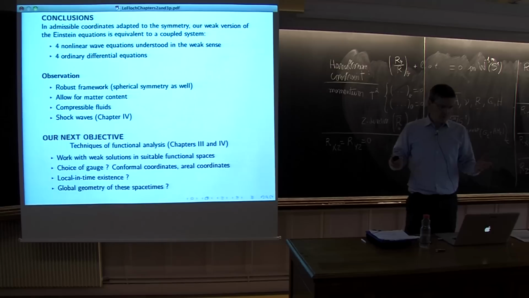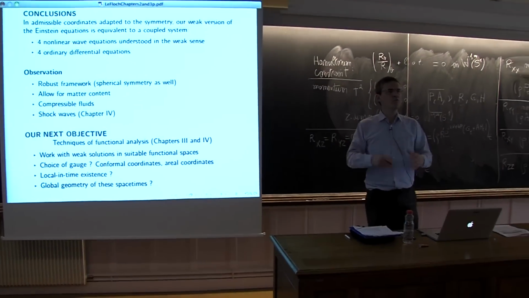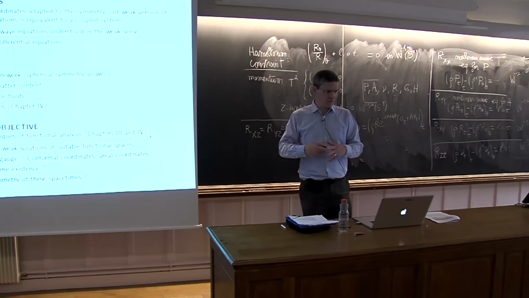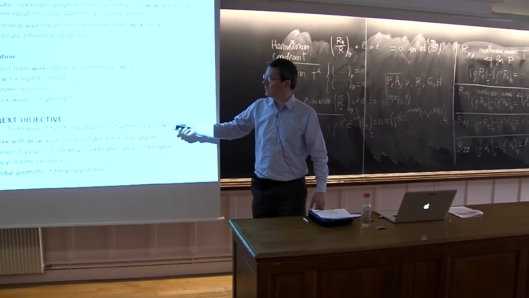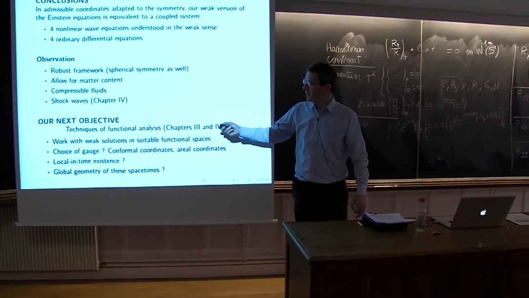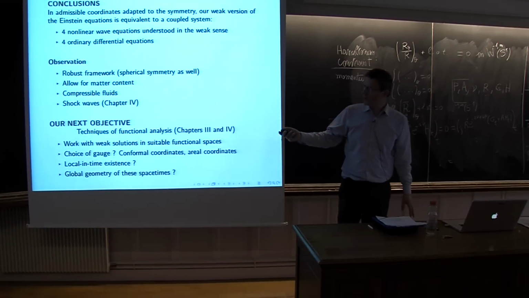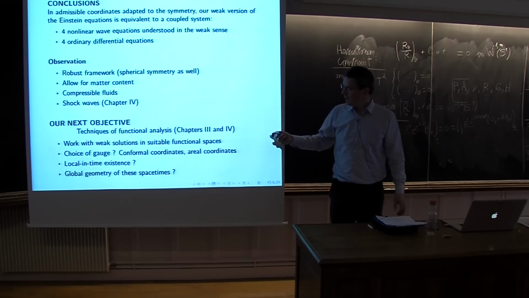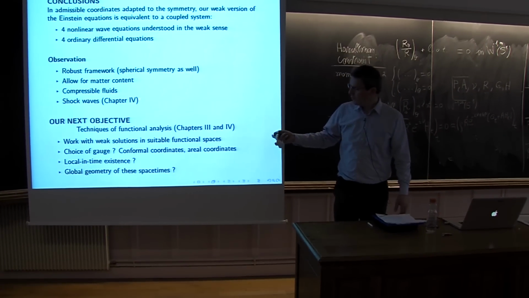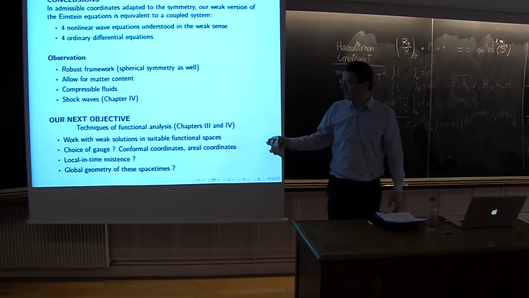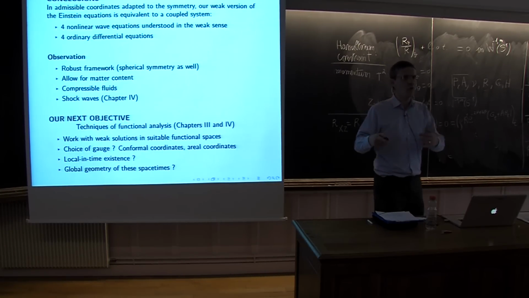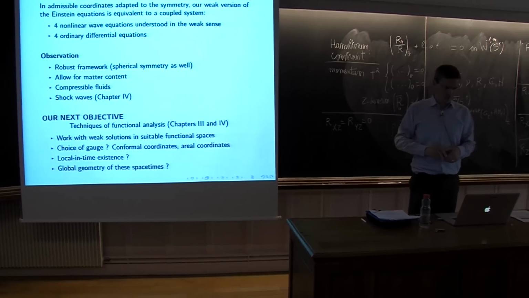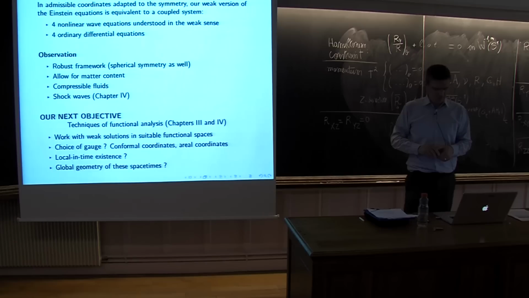So it's not difficult if the matter is smooth, does not introduce additional singularities, but it's more tricky if you have a compressible fluid. But essentially it goes along the same lines. And so what I will focus on now are the techniques of analysis to prove local existence, global existence, and that's what we are going to do now.